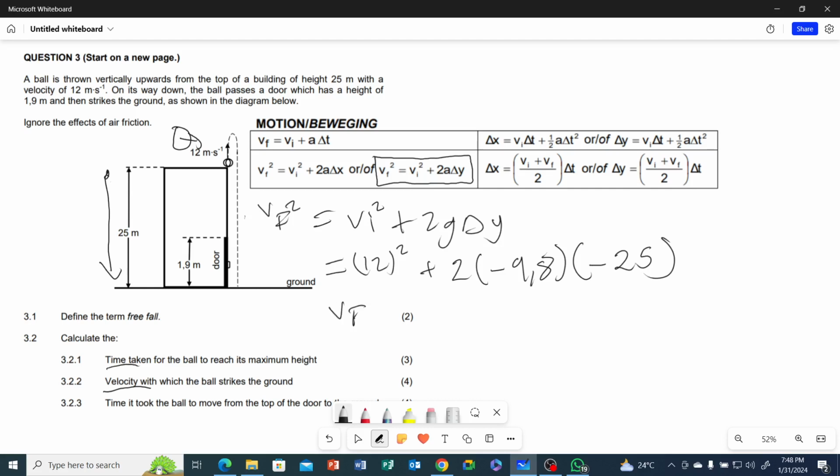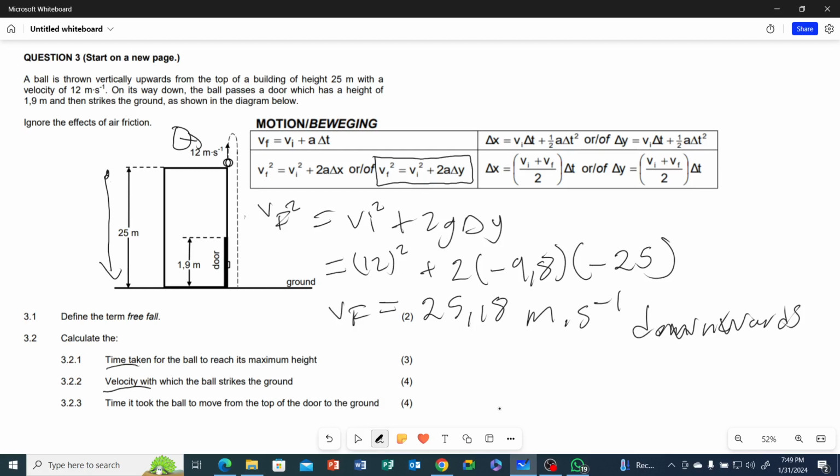Vf will be 25.18 meters per second. Always when you write your answers, they must have units with direction. Which direction? Downwards.